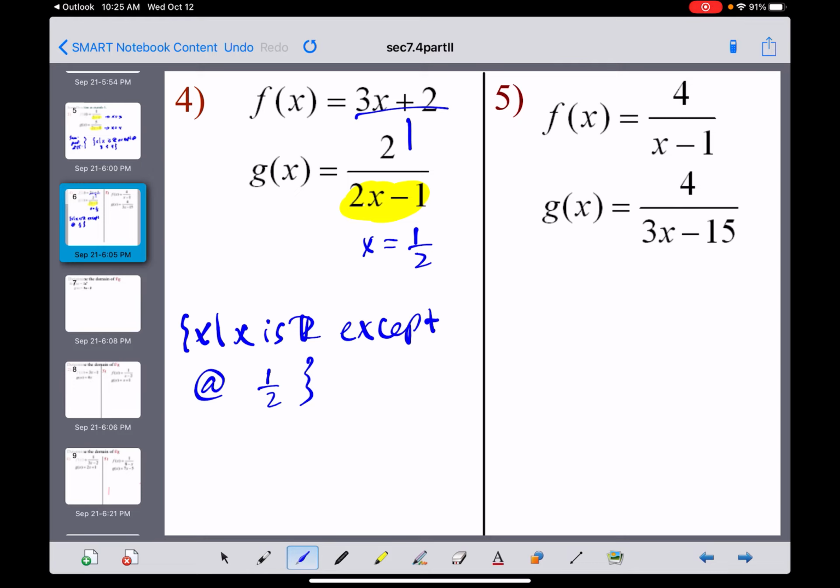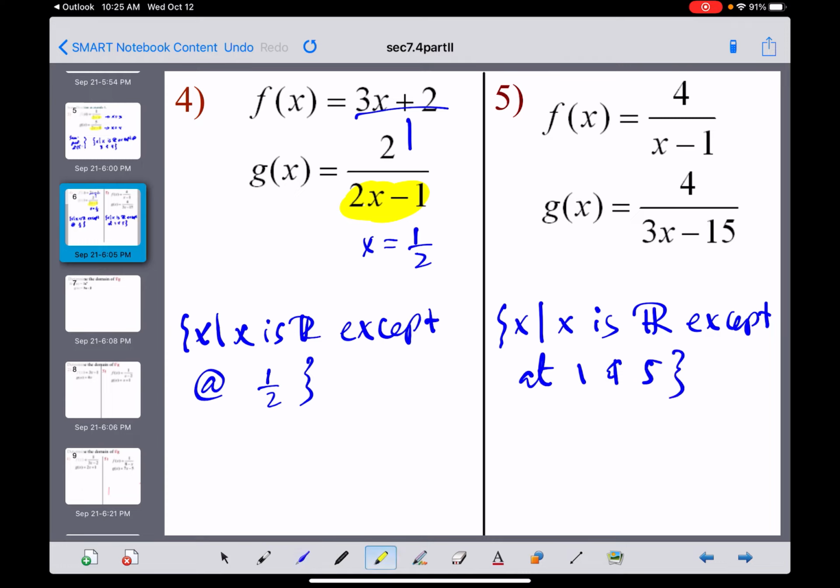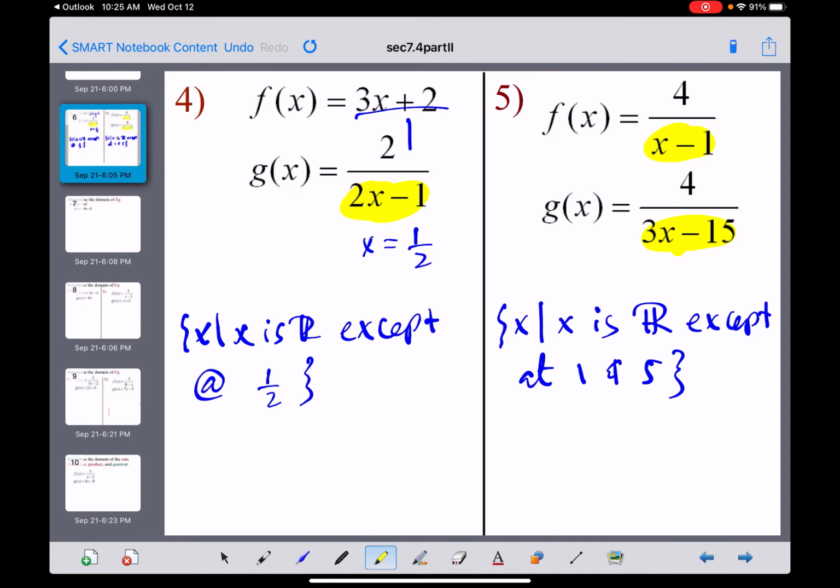For number 5, it's going to be x such that x is all real numbers except at 1 and 5. Because at 1 this is going to be 0, and at 5 this is going to be 0. Okay, so that's sum, difference, and product.